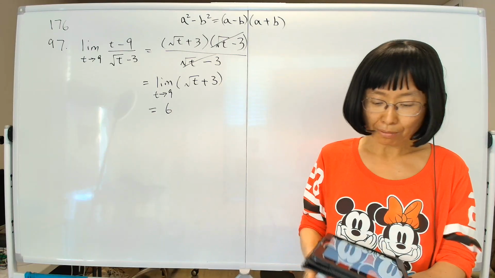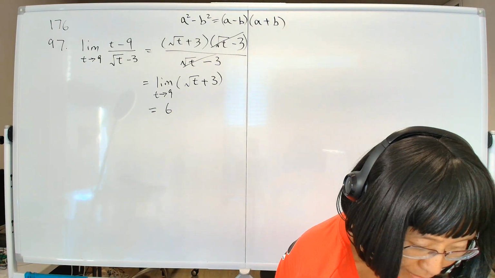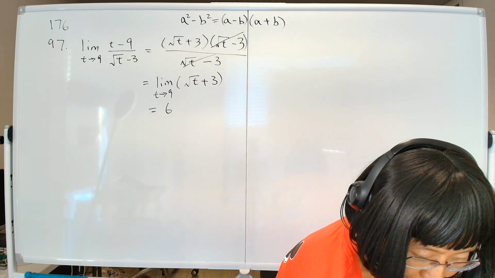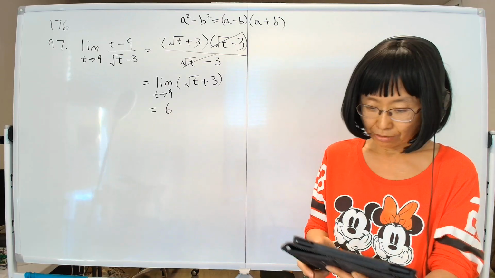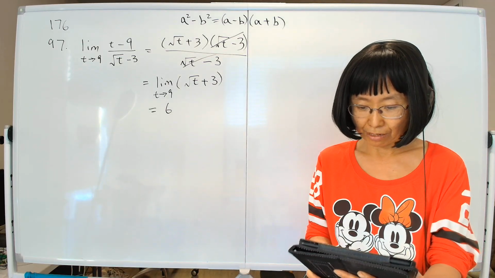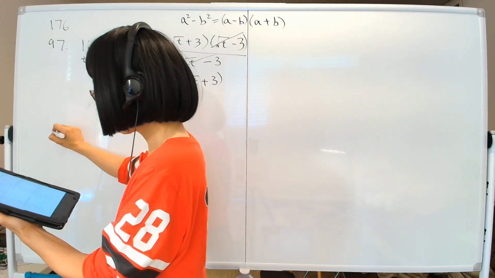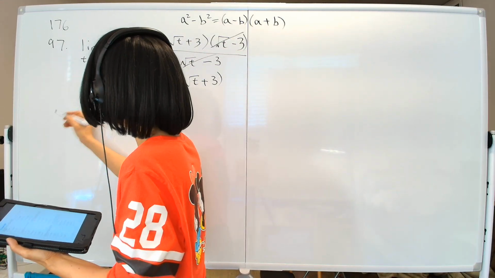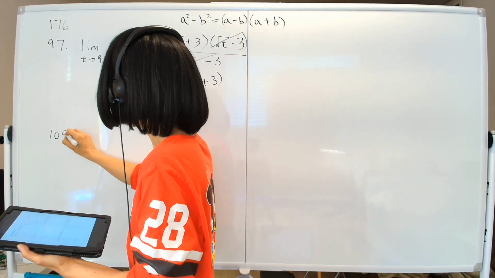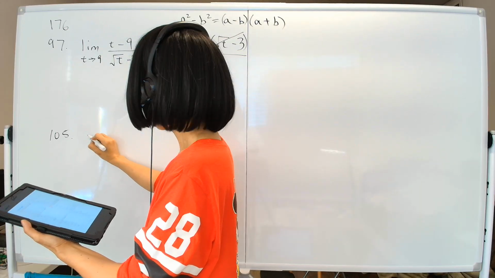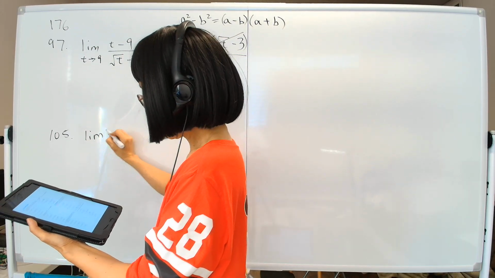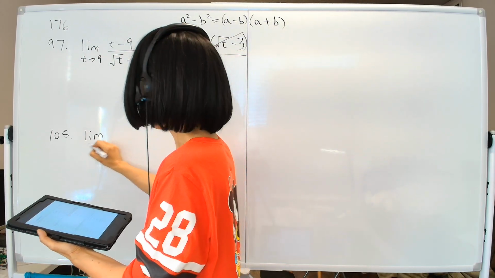Okay, next problem that I want you to do is 105. I'll write it down here. Problem 105. There are 4 problems at 105, which is the limit as x approaches something.